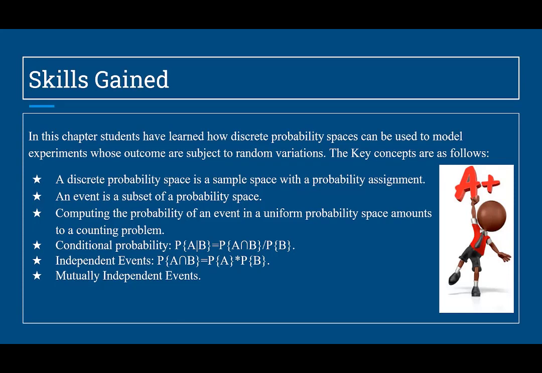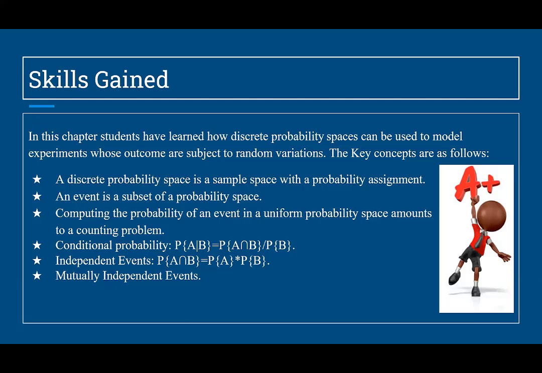The key concepts that the students should be proficient in at the end of this chapter are discrete probability spaces and sample spaces with probability assignment, an event as a subset of a probability space, and computing the probability of an event in a uniform probability space as a counting problem.